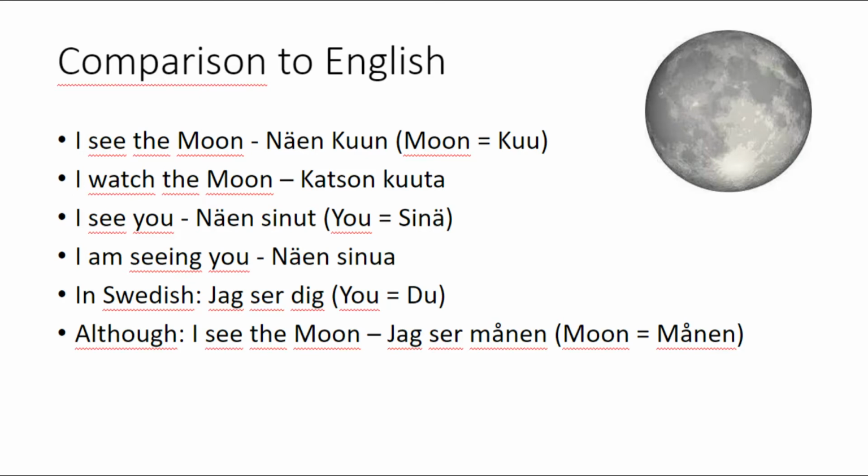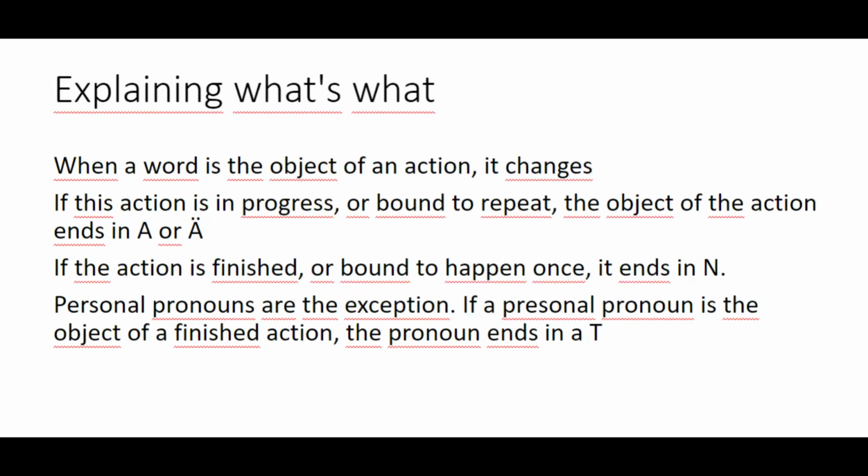And I see the moon in Swedish would be jag ser månen. And the Swedish word for moon is also månen. So in this case, the object of the action doesn't actually change. But yes, this feature does exist in the Finnish language, and here's some more about it.